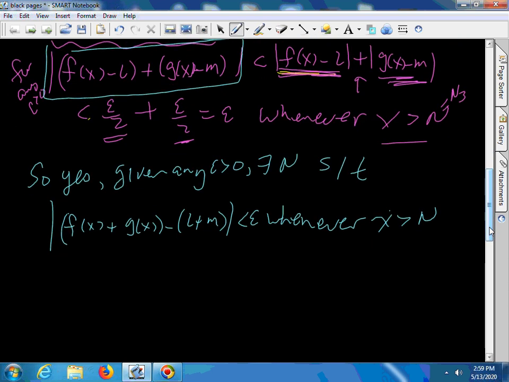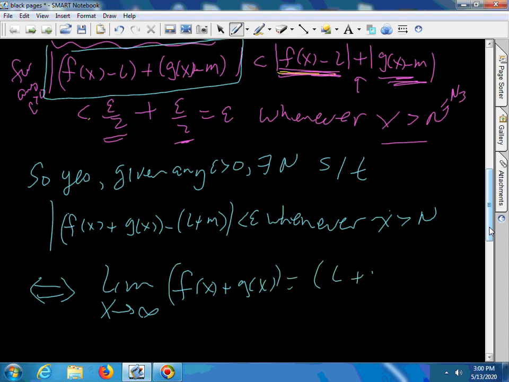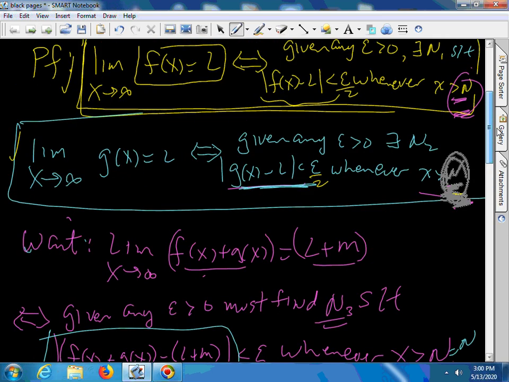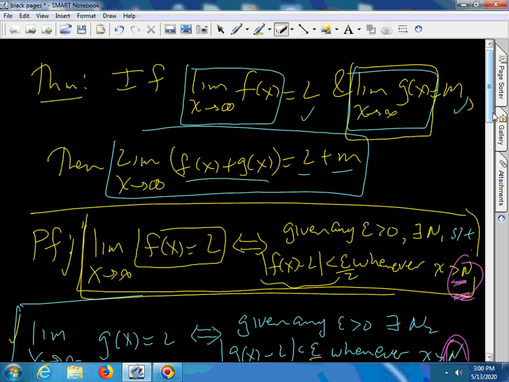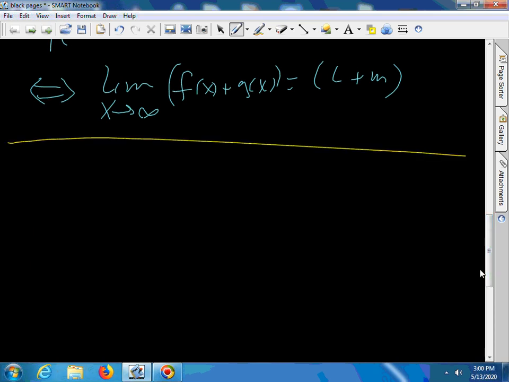But that's the same as the limit as x approaching infinity of f of x plus g of x being equal to L plus M. Now, let's actually prove the other one.